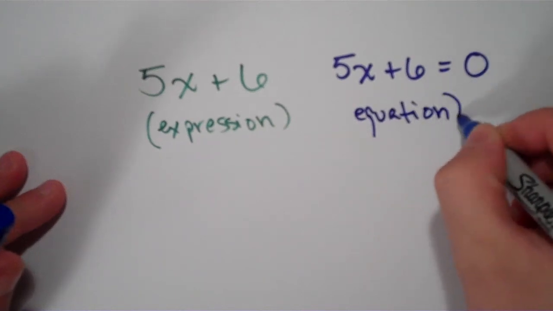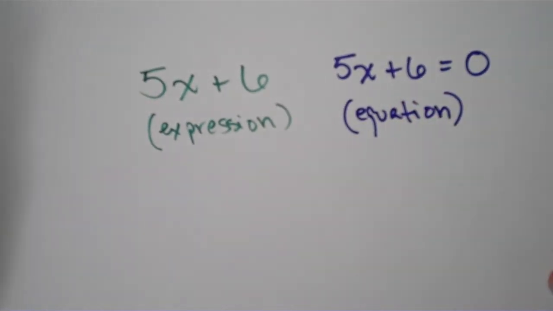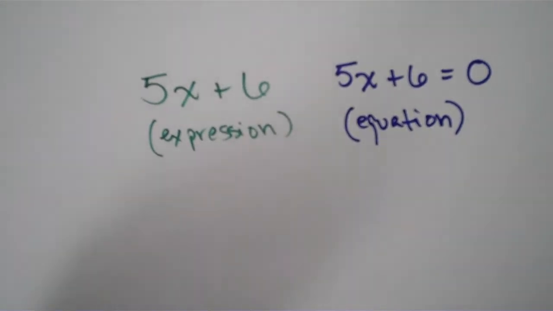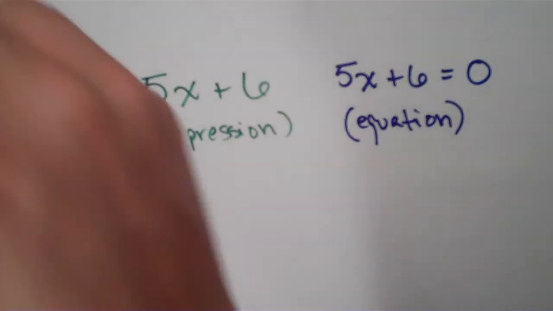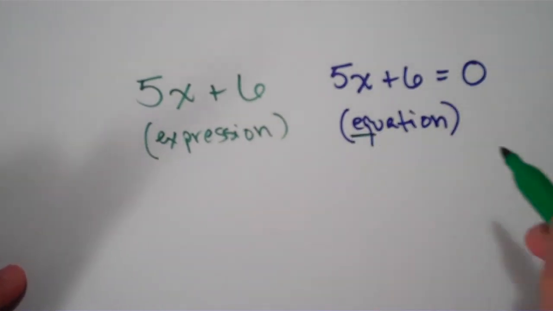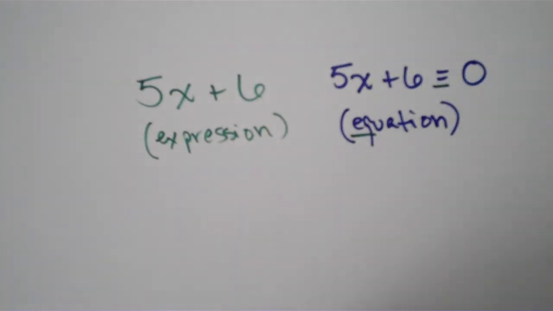We're going to get into more detail about this, but these are our two types that we'll see: expressions and equations. You can remember equations because they have an equal sign and expressions don't. Okay, so those are two types that are important to remember.